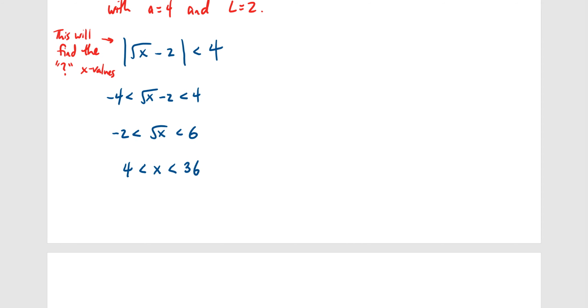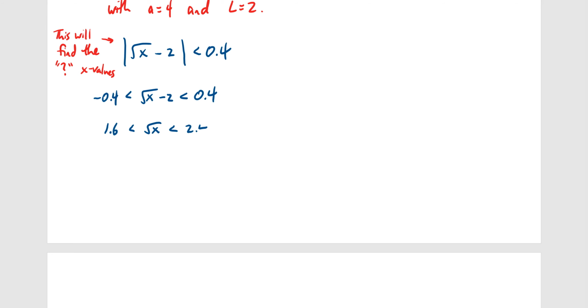And whoops, sorry, I actually messed this up. Let me just go back and erase some of these values. I put 4, and it was actually 0.4. So let me go ahead and fix that. 0.4, I was wondering why those values were so big. Okay, so 0.4, negative 0.4, same idea though. Now we're going to add 2 to everything. That's going to give us 1.6.